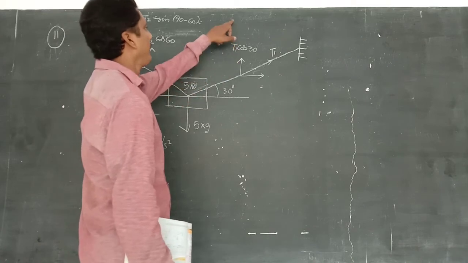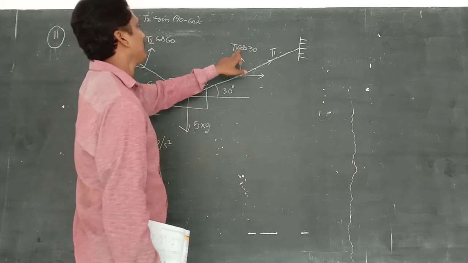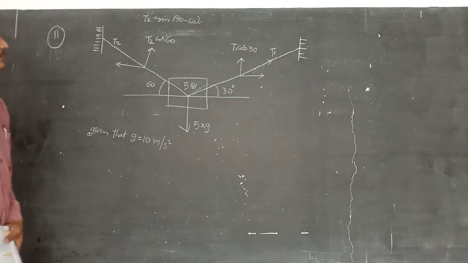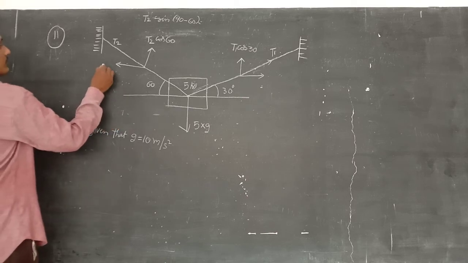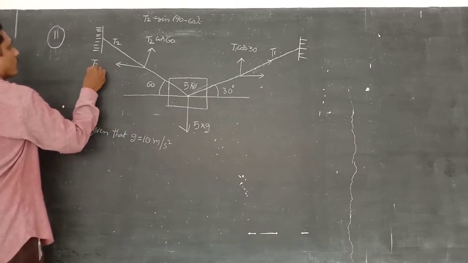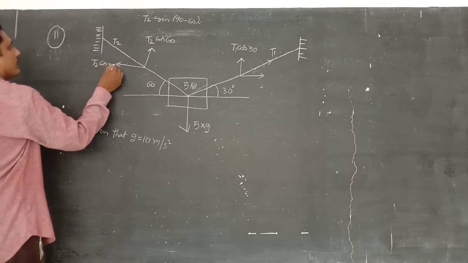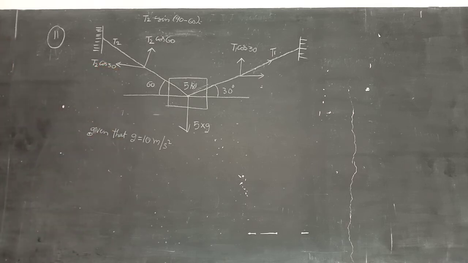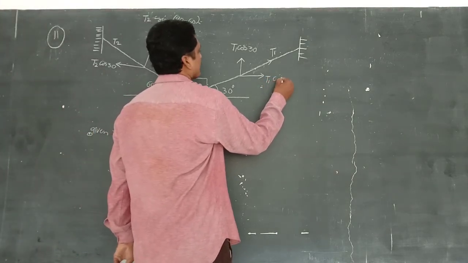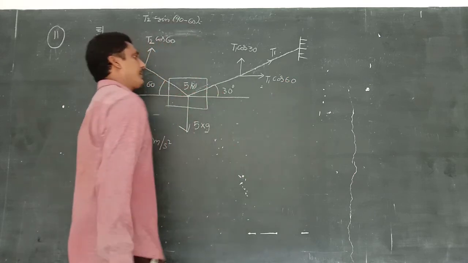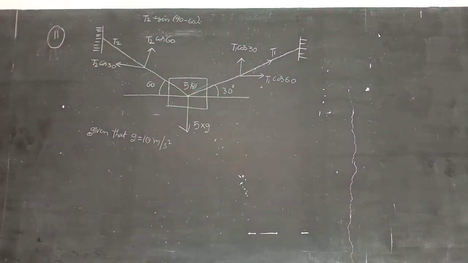Similarly T1 sin(90 minus 30) is T1 cos 60. What are the horizontal components? Here it is T2 cos 30, and T1 cos 60. Those are the horizontal components.